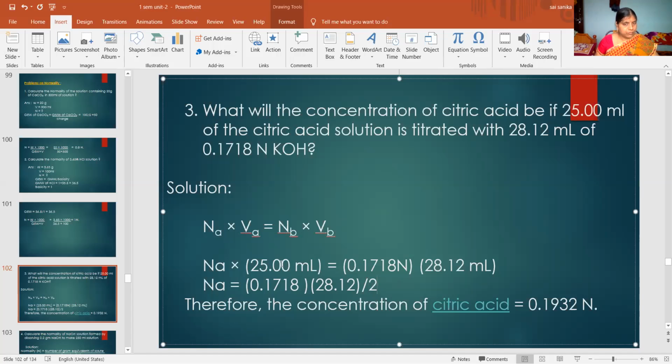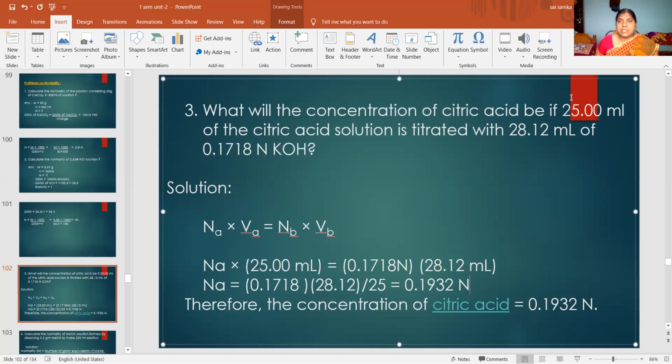So what you will get is equal to 0.1932 N. So therefore, the concentration of citric acid is how much?